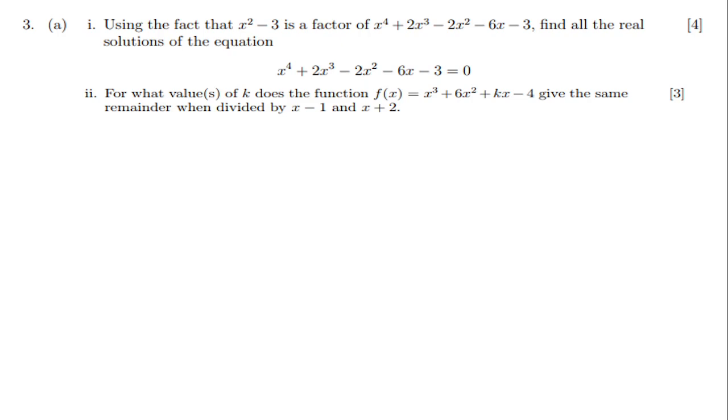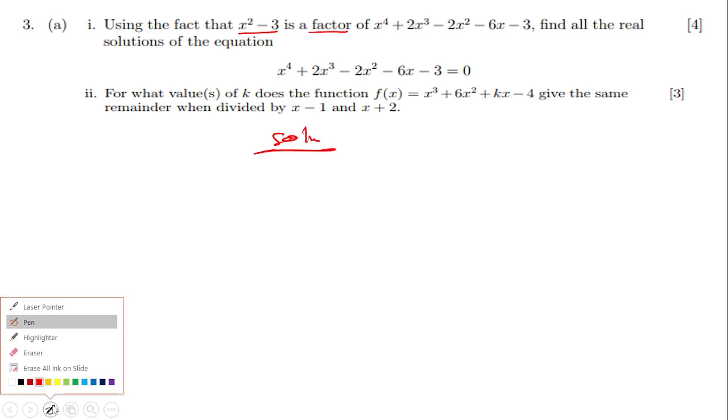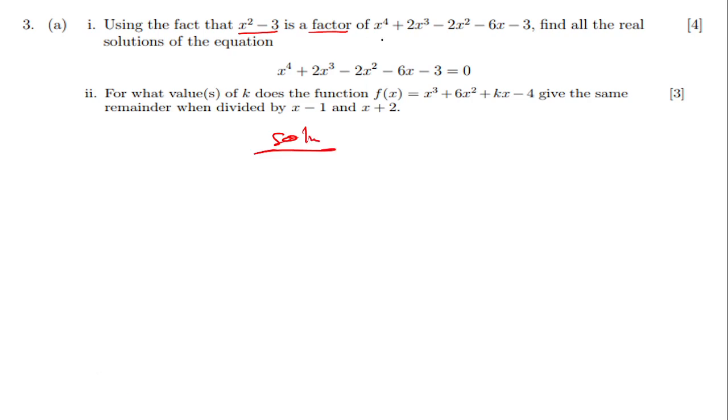The question says, using the fact that x squared minus 3 is a factor of that polynomial, find all the real solutions of the equation. So I'll write solution there. Once I write solution, one thing that I normally do is to first write what I've been given.